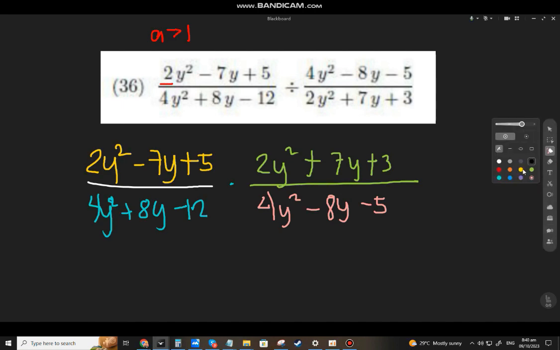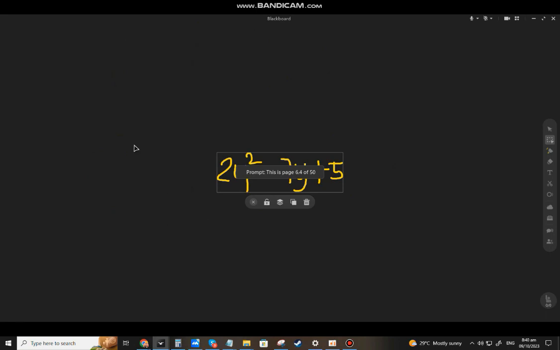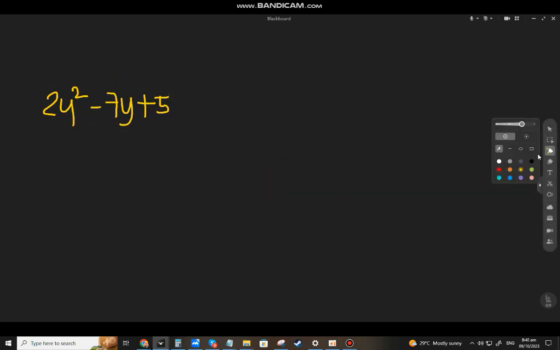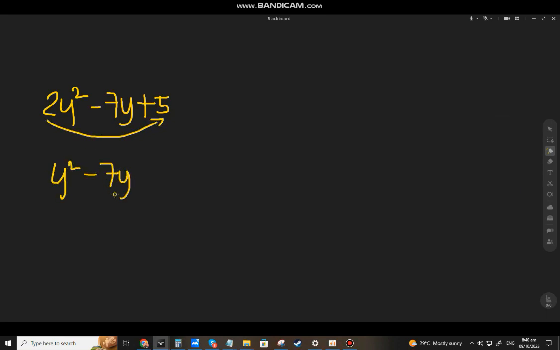So we're going to factor the yellow one first, or this one. We're going to do the slide and divide technique. I'll show you how. So you slide it there, and it will be y squared minus 7y plus 10. Now it's easier to factor this one.